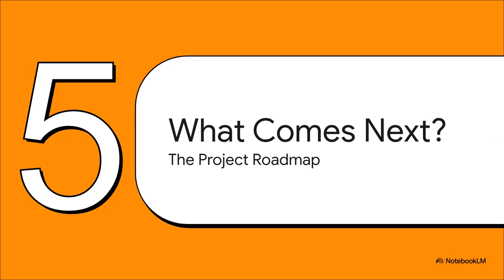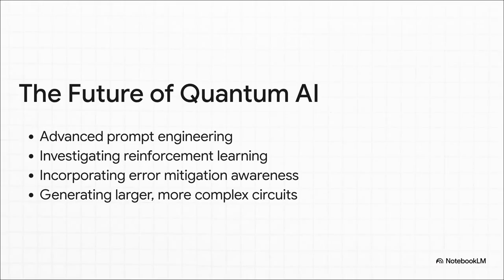So, this is a really powerful proof of concept, but honestly, it's just the beginning. The project already has a super clear roadmap for what's coming next. And the future possibilities here are just wow. We're talking about more advanced prompt engineering, basically having more sophisticated conversations with the AI. They're even looking into reinforcement learning, so the model can actively learn from its own successes and failures.